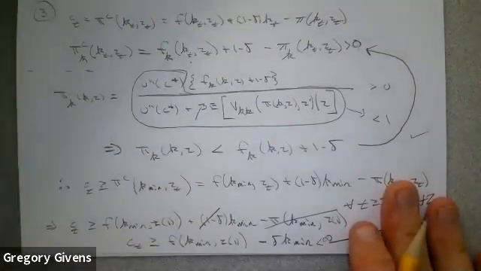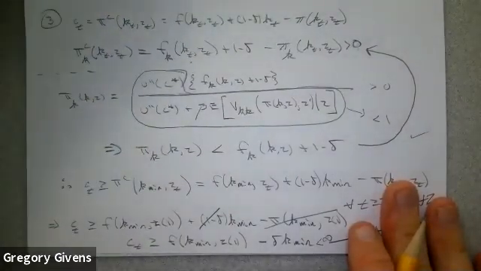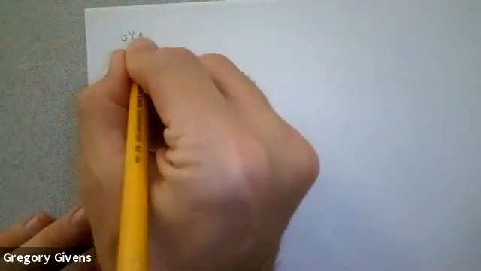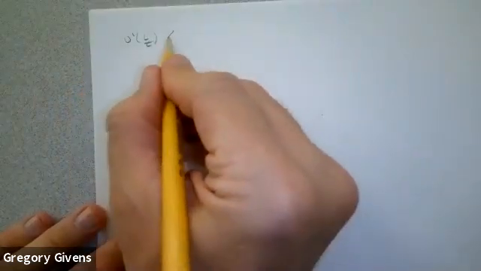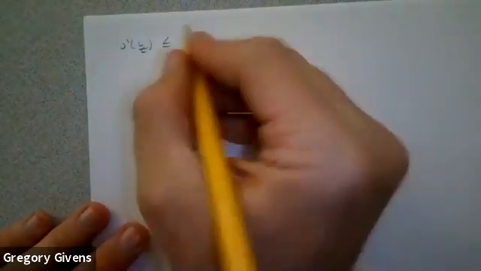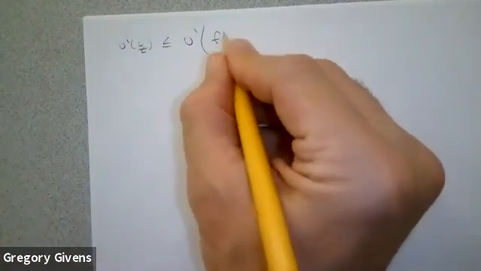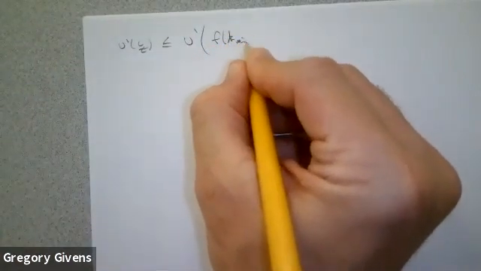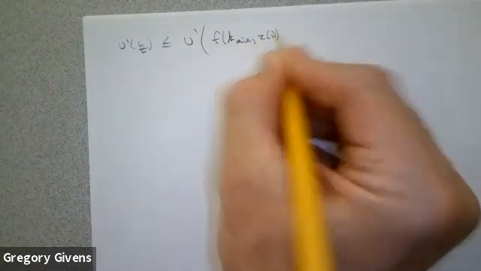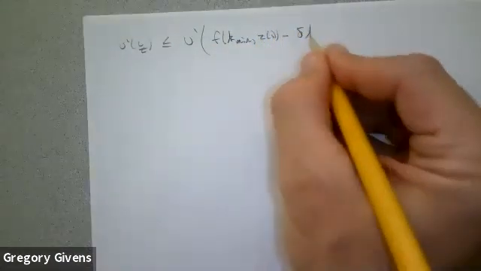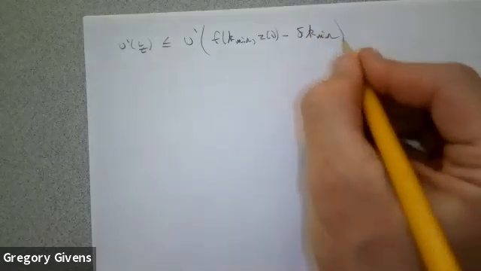Because if consumption has some lower bound for t sufficiently large, and the utility function is strictly concave, then the marginal utility of consumption is bounded above by u prime of f of k min, z1, minus delta k min.